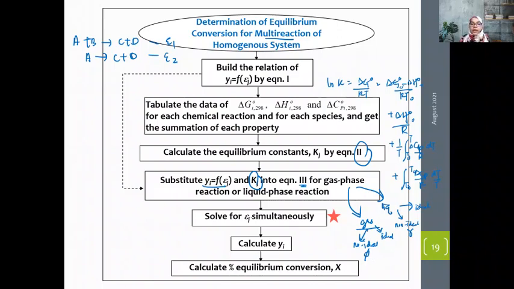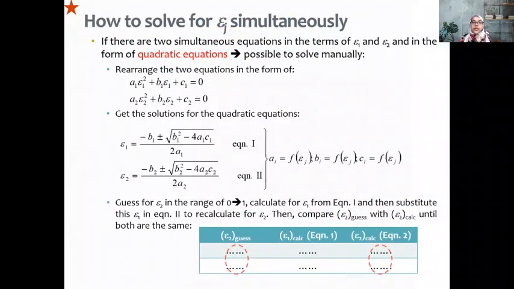And then we can solve the equilibrium conversion, or the maximum conversion, simultaneously, because if we have two reactions, we're going to have two different values. And then after that, we may calculate the mole fraction, and finally we can calculate the equilibrium conversion of the reaction.